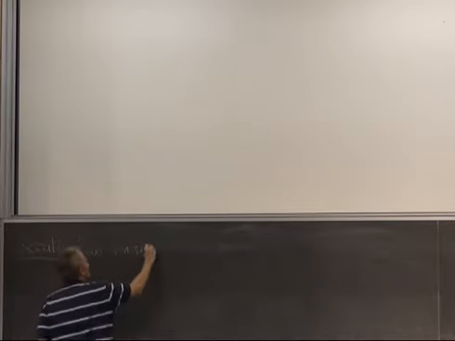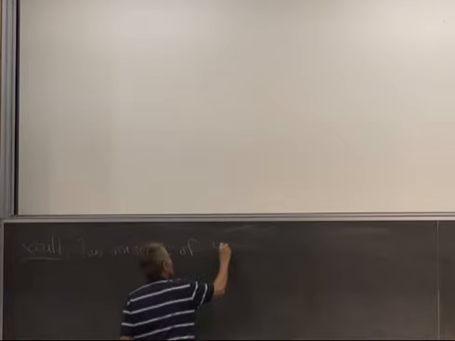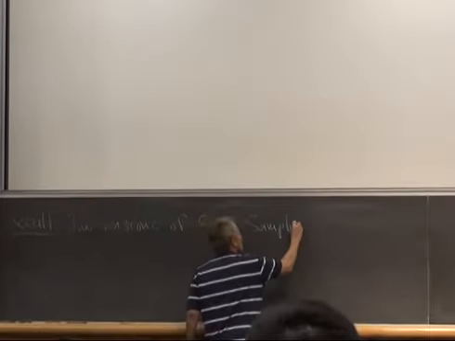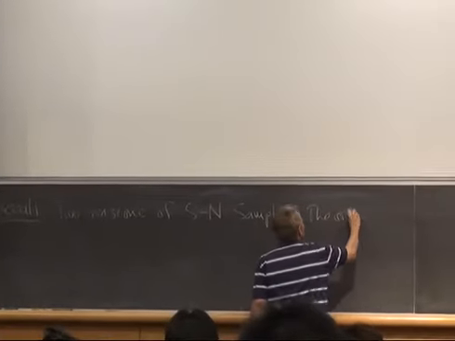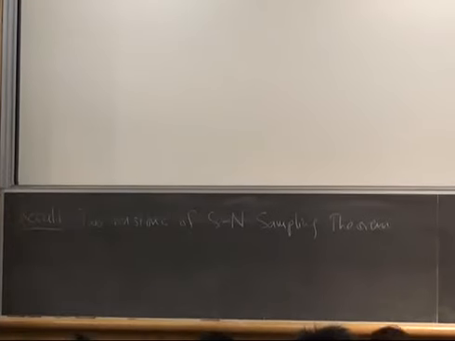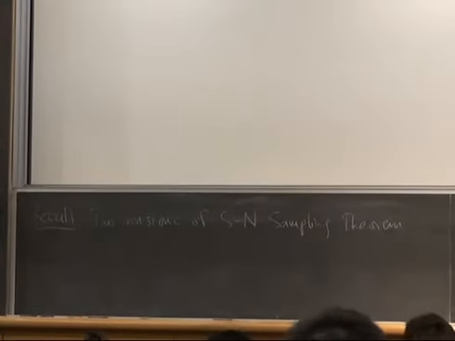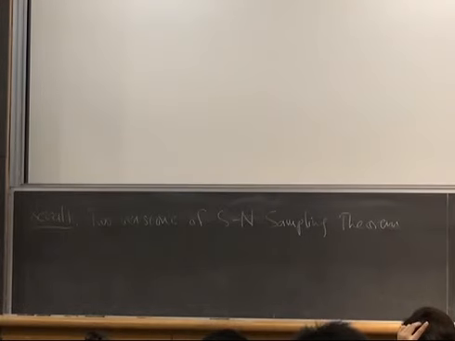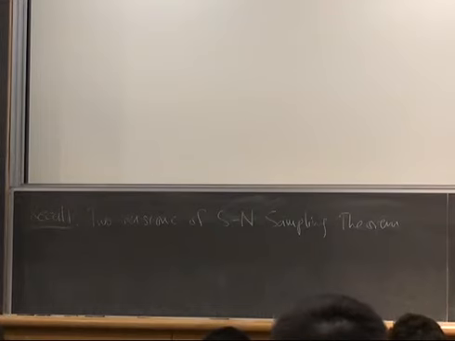Anyway, so last time we had these two very important versions of the Shannon-Nyquist sampling theorem. I'm not going to repeat them today, but essentially, if you have a band-limited continuous time signal and you sample it faster than twice the bandwidth, then from those samples you can in principle reconstruct the whole signal.